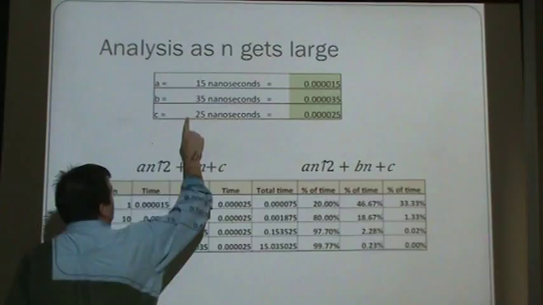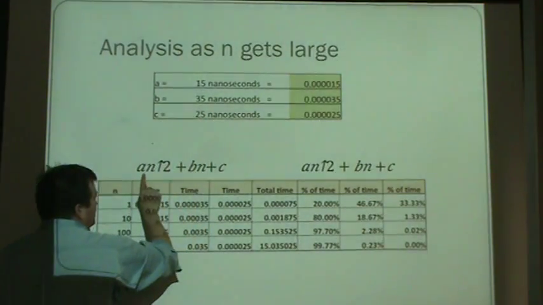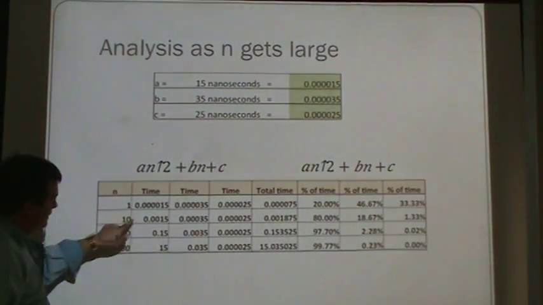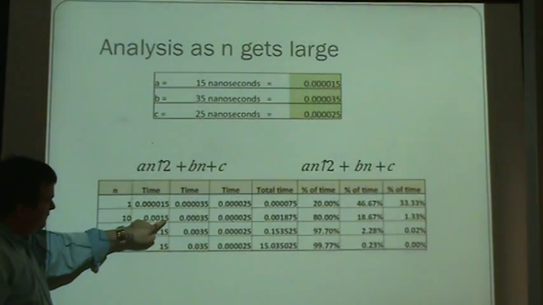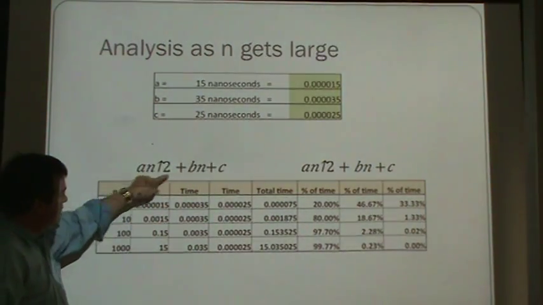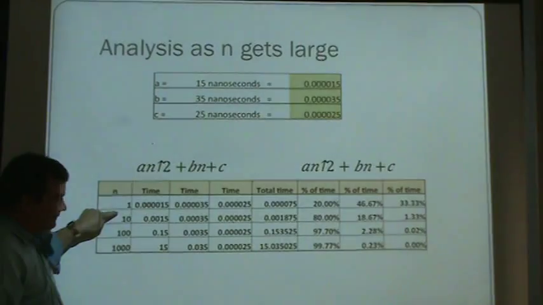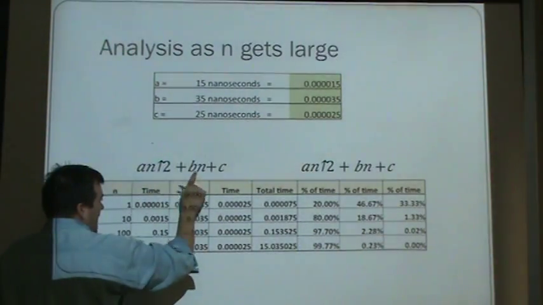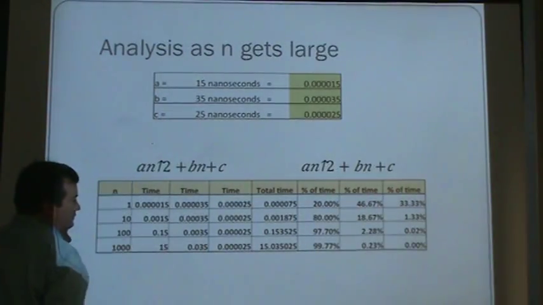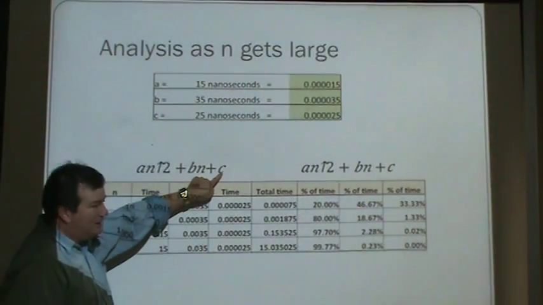Okay, so the part that takes 15 nanoseconds gets multiplied by 10 squared, gets multiplied by 100, and it becomes 1,500 nanoseconds is how long this part will take when n equals 10. When n equals 10, this part, this 35, gets multiplied by 10, so we lose a decimal place. And this part is unaffected by n.